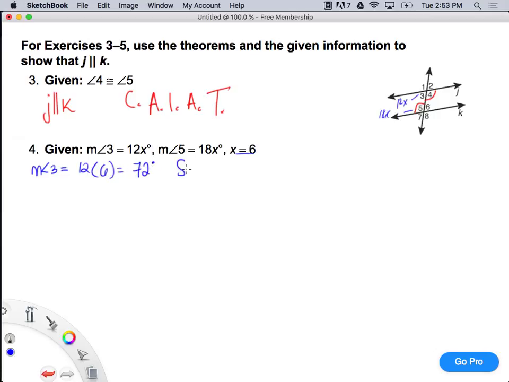And I do that by substitution. Okay? Measure of angle 5 equals 18 times 6, which is 108 degrees. And I do that by substitution.